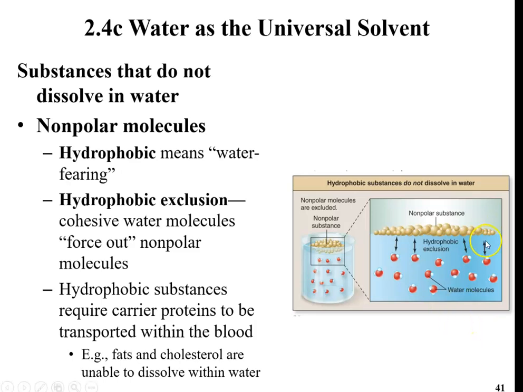Hydrophobic interactions is when the nonpolar substance wants to interact with itself and decrease its interaction with water. Well, water doesn't really like nonpolar substances either, so they exhibit hydrophobic exclusion, where the cohesive molecules, the ability of water to attract itself, forces out those nonpolar molecules, so they really have no place to go.